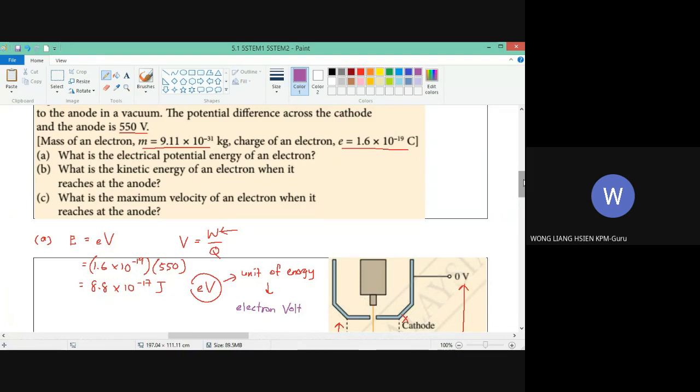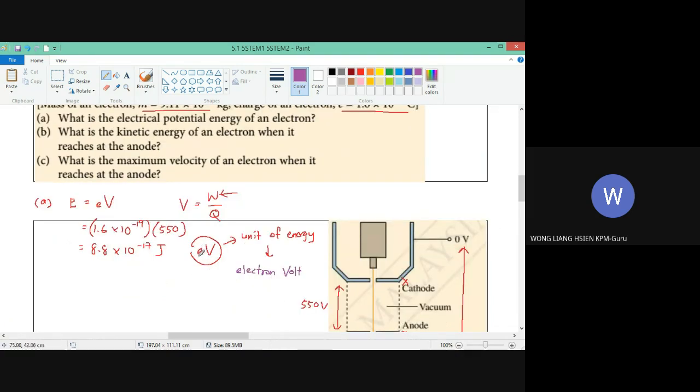This e represents the amount of charge, and this volt represents the unit of the potential difference, how many volt. So you can write as joule also can, you can write as electron volt also can. Usually we use this unit when we are referring to the amount of energy contained within one electron, within the charge of one electron.